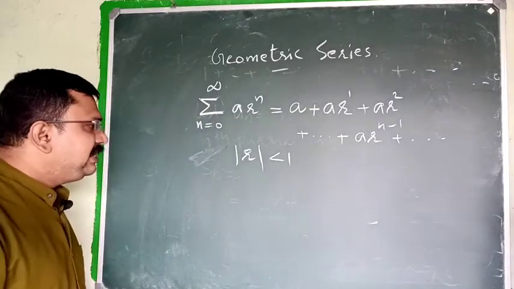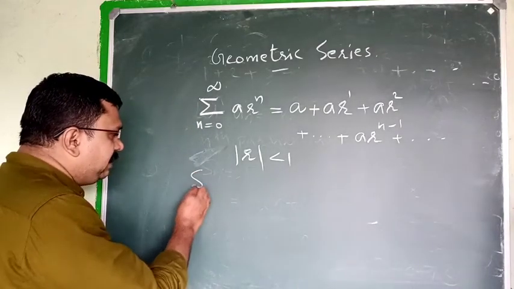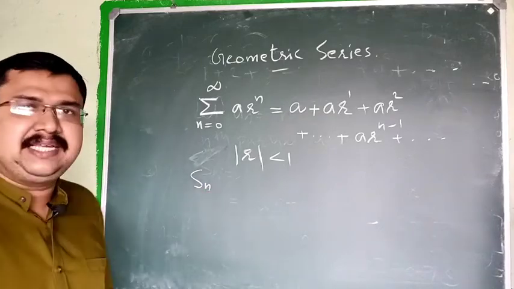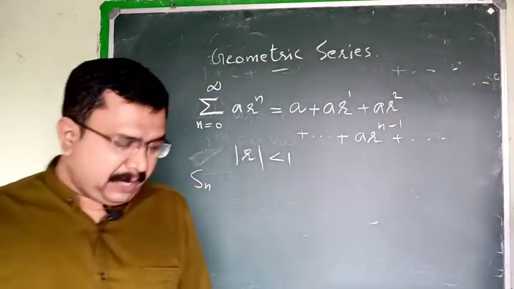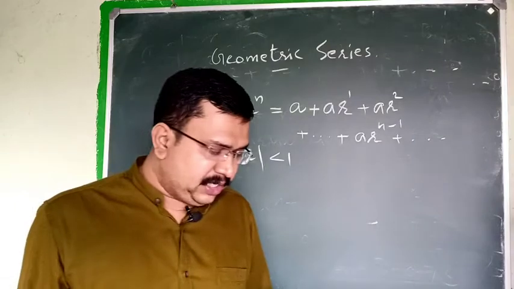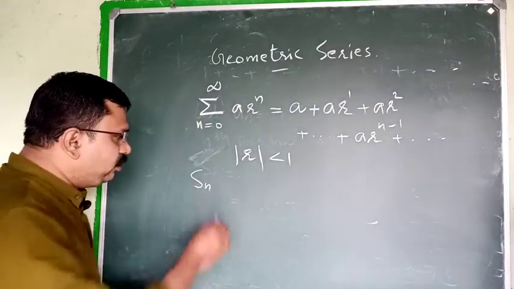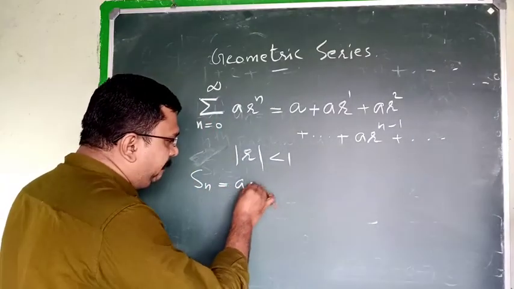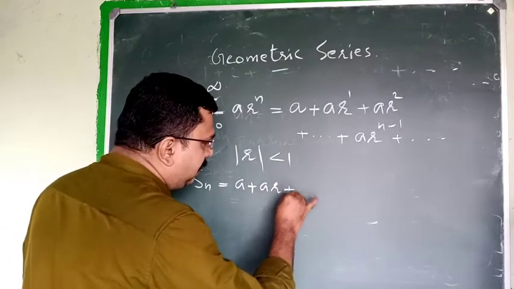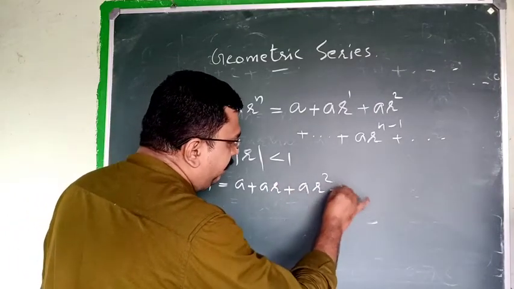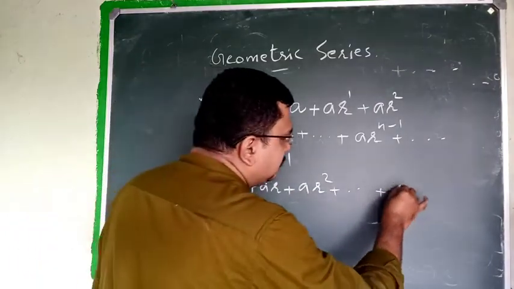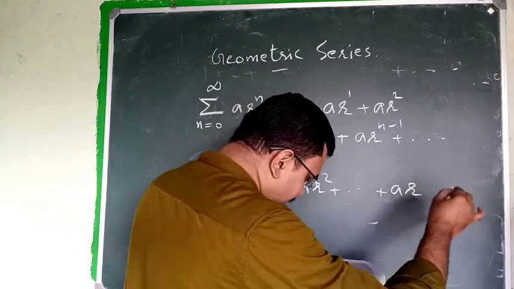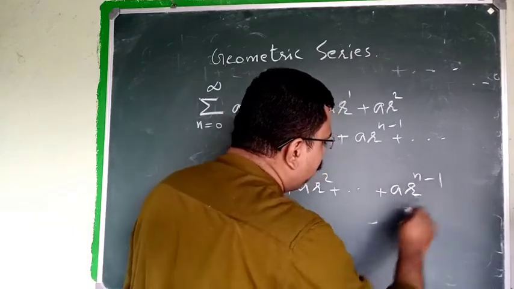We know that the nth partial sum is Sn. Sn is the nth partial sum of the geometric series and is equal to a plus ar square plus etc. plus a into r raised to n minus 1.